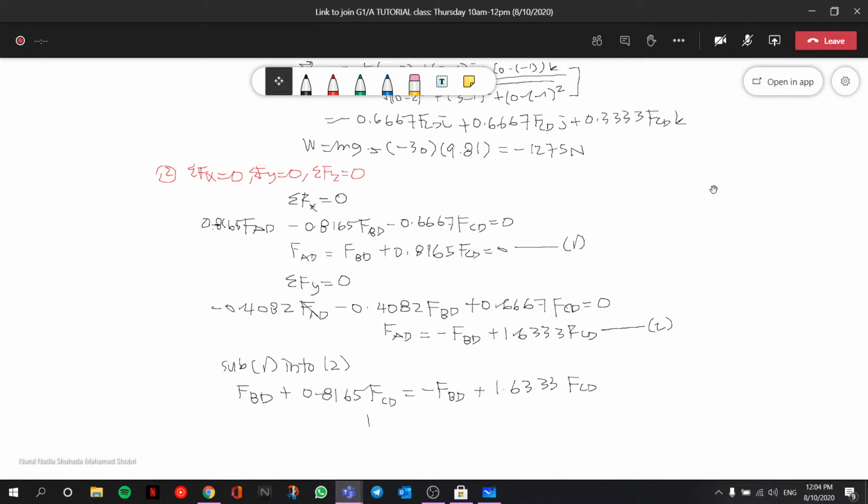And from here you guys can get FBD equal to 0.4084 FCD. So this is equation 3.